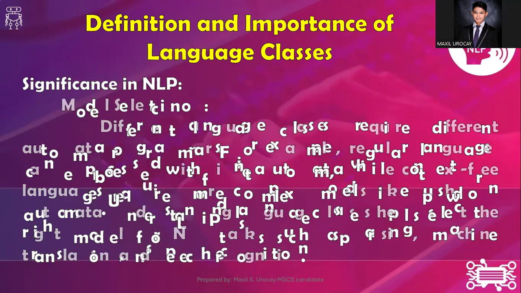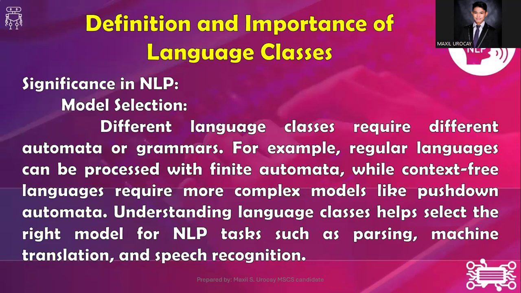So here then is the significance in NLP, model selection. Different language classes require different automata or grammars. For example, regular languages can be processed with finite automata, while context-free languages require more complex models, like pushdown automata.